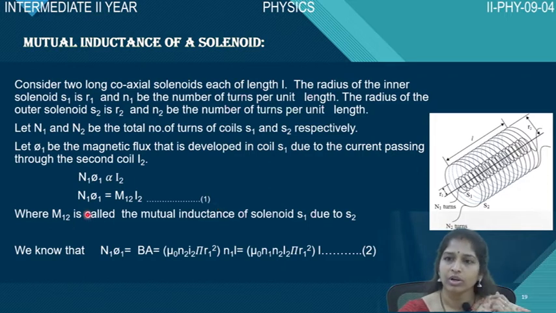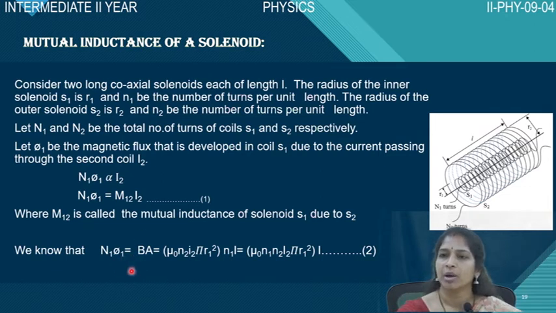And we know the magnetic flux phi is B into A. This is the expression for magnetic flux. Now, what is the total magnetic flux in the first solenoid that we are calculating? There are N1 turns, so N1 phi1, the total flux in solenoid S1, is B into A. What is B?